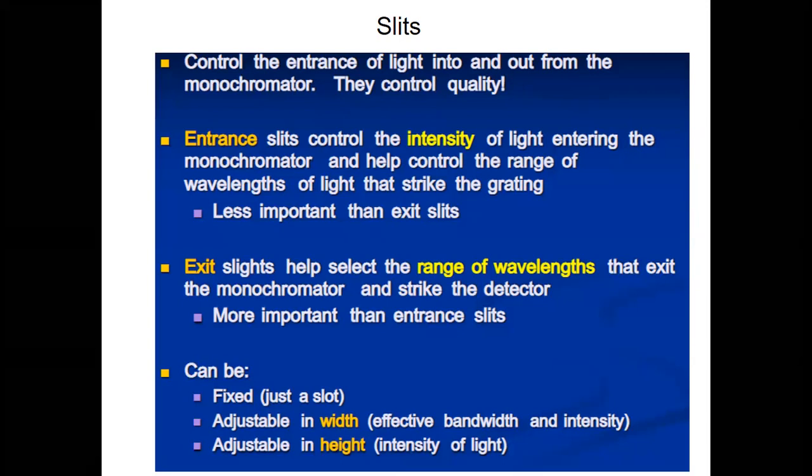By controlling the slit, especially the slit width, we can control the quality of the spectrum. So slit width plays a really important role in the quality of the spectrum, right? The entrance slit controls the intensity of light entering the monochromator and helps control the range of wavelengths that strike the grating.